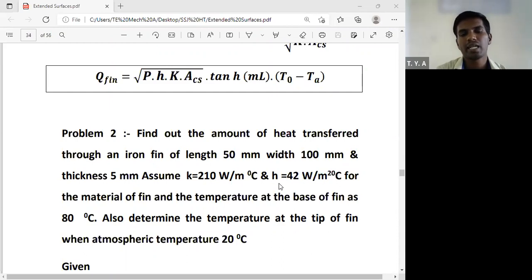Also determine the temperature at the tip of the fin when atmospheric temperature is 20 degrees Celsius.